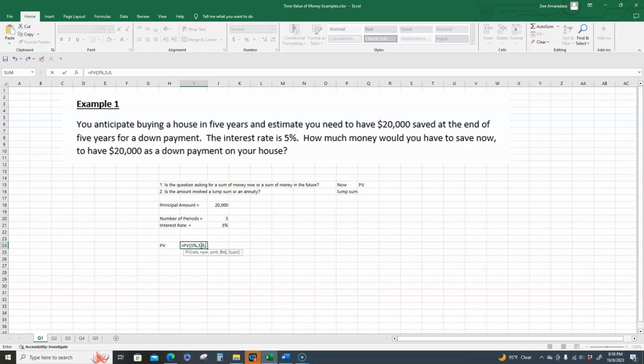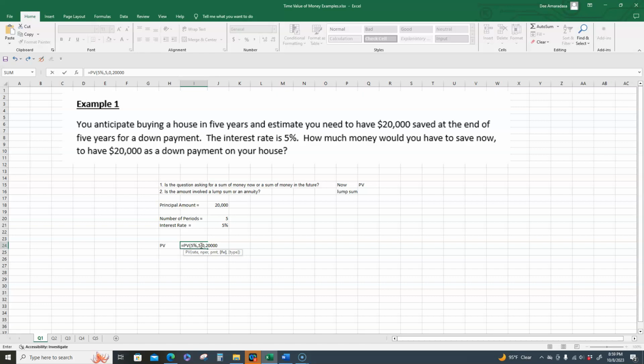Next, future value. So the future value we know at the end of this 5 years is going to be 20,000. So that would be the future value, 20,000. And then the type, again, you can ignore type. Type is usually used whenever you are looking at an annuity, and if it's an annuity due or an ordinary annuity.